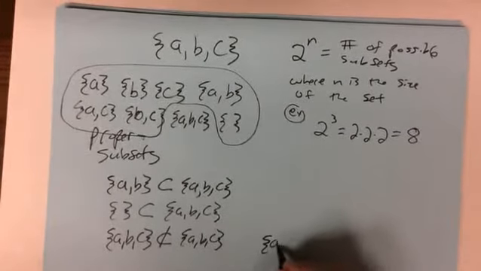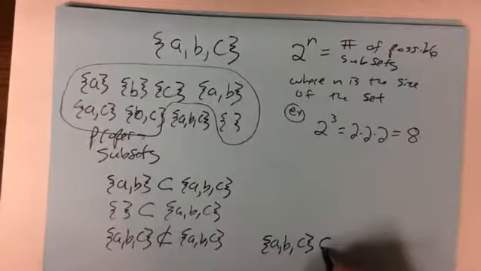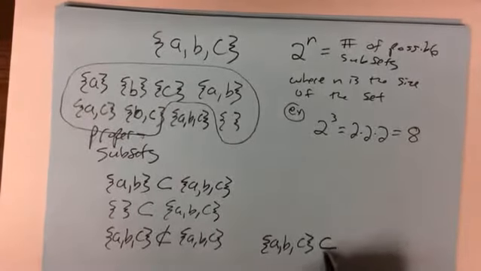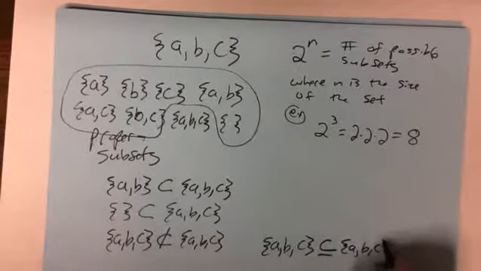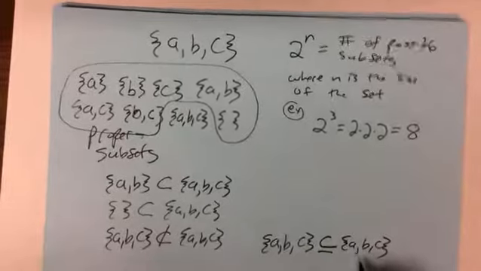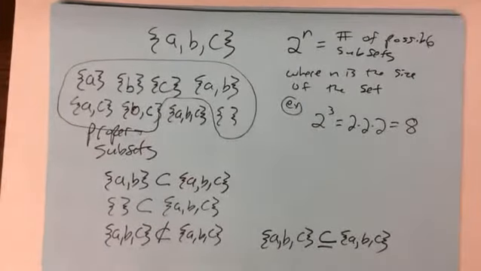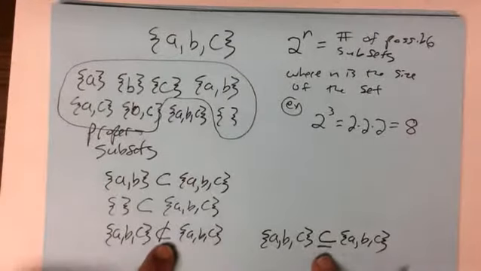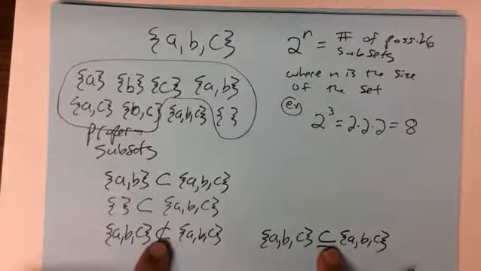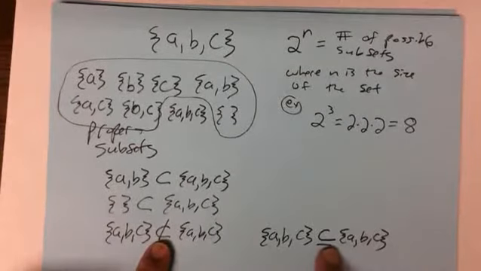So notice A, B, C is a subset of A, B, C. That would be true because every set is a subset of itself. But it's not a proper subset. Okay? So one way of thinking about this subset symbol is this is kind of like a less than symbol, a strictly less than, or a less than or equal to symbol, the line under it.